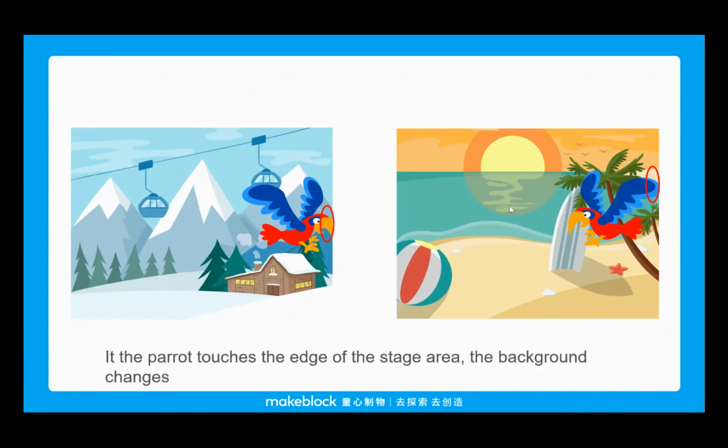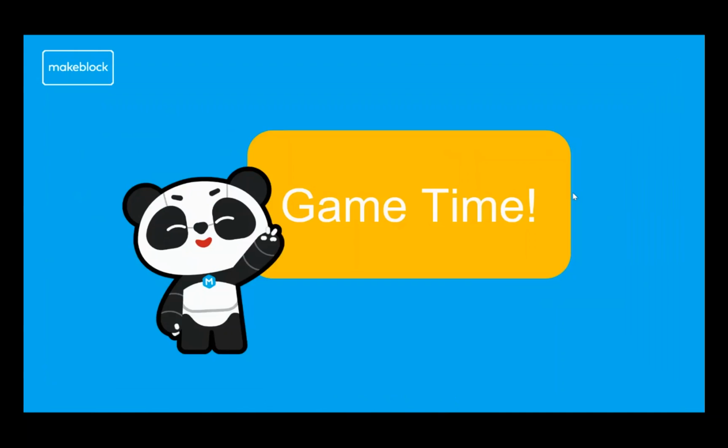But what we'll be looking at is if the parrot touches the edge of the stage area. So you can see we've got them circled here. Anytime the Parrot sprite touches these side areas, the background is going to change and Parrot is going to do or say something different. That's what we're going to be looking towards, and we'll be using those if, then, and conditional programming blocks to help us do all of this. So that is what we are working towards in this lesson.